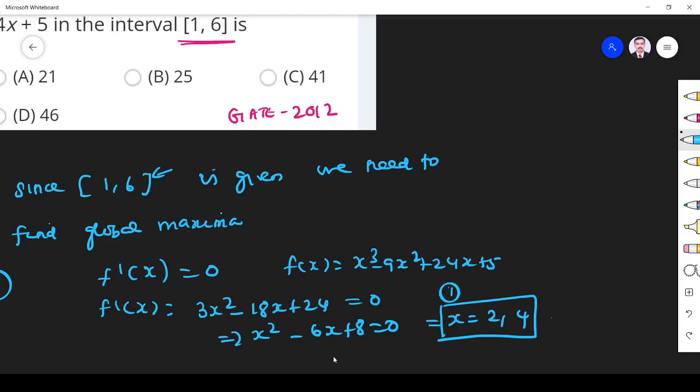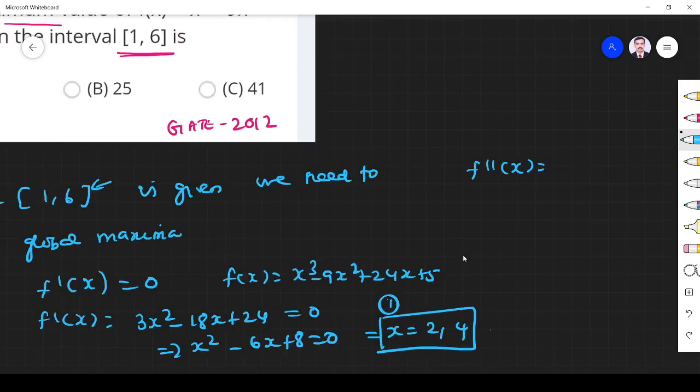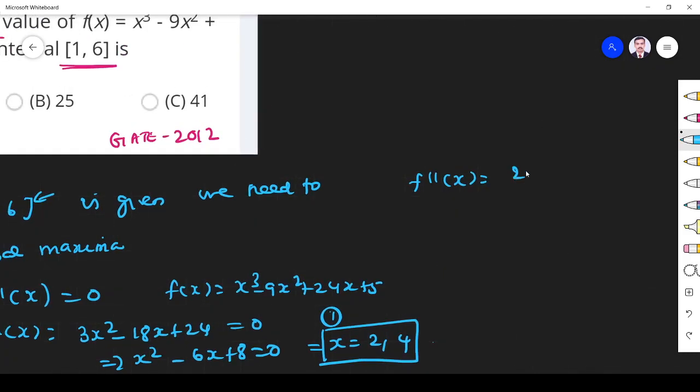So this is the first thing we have to know. Next we have to find f double dash of x. F double dash of x will be equal to 6x minus 18. If you want to find whether the maxima occurs at x equals 2 or x equals 4, or minima occurs at x equals 2 or x equals 4, we have to substitute these values here.